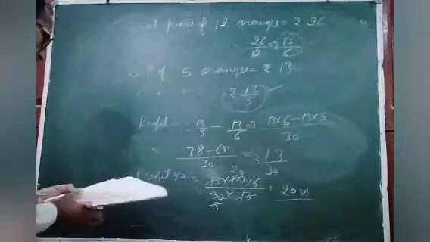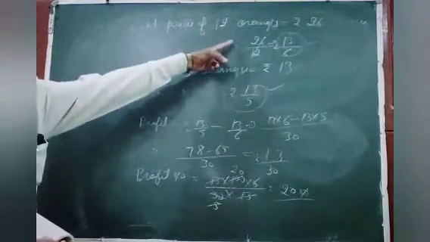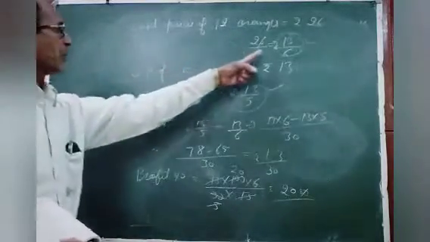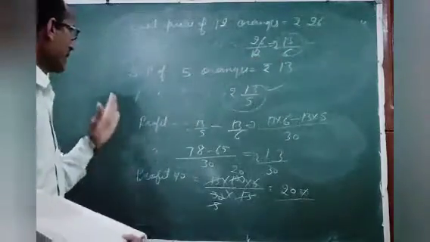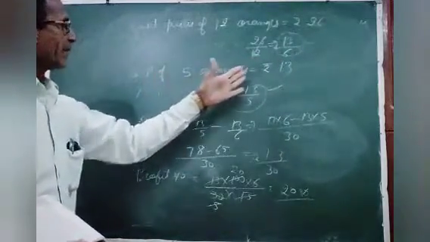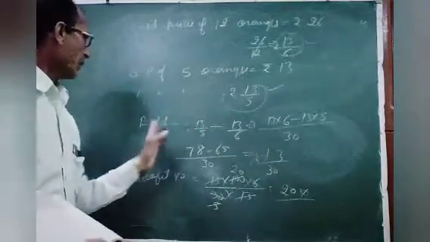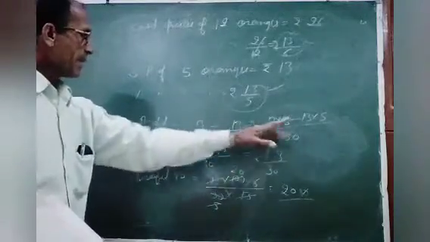So what is the right option? Option A is right. Cost price of 12 oranges is given as rupees 26. So first we find the cost price of 1 orange, which is 13 by 6 rupees. Selling price of 5 oranges is rupees 13, so selling price of 1 orange will be 13 by 5. Profit will be 13 by 30, because SP is greater than CP.